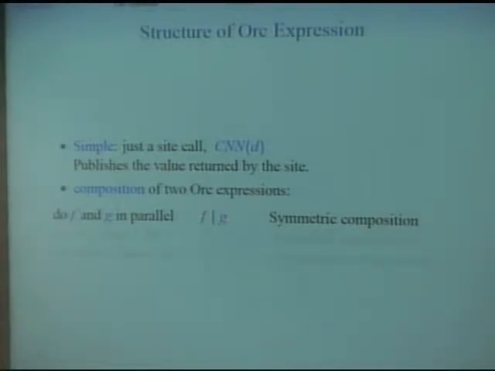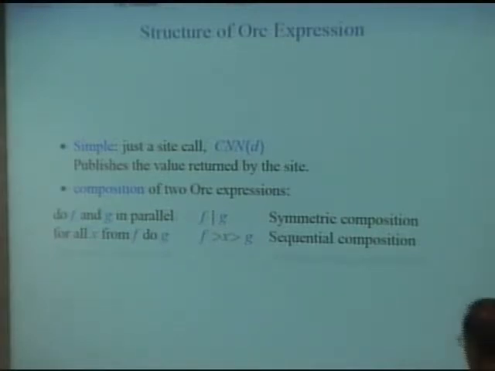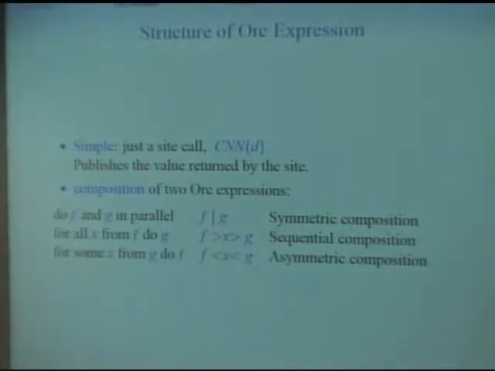I will go over this in detail because that's all there is to it actually. And then we have two other ways of combining them. This says that for all x from f, do g, and this is called sequential composition. And the next one is for some x from g, do f. This is written in the opposite way, and that's asymmetric composition.